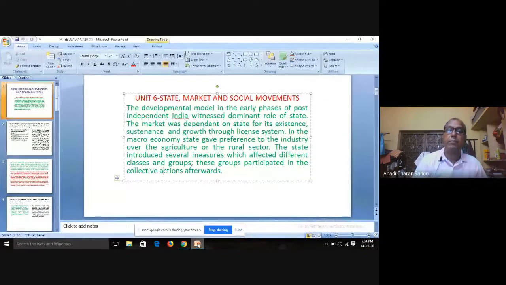At that time, the market was dependent on a state for its existence. The market was controlled by the state at that time for its existence, for its sustenance, for its growth through license Raj, license system. In the macroeconomy, state gave preference to the industry over the agriculture or the rural sector.